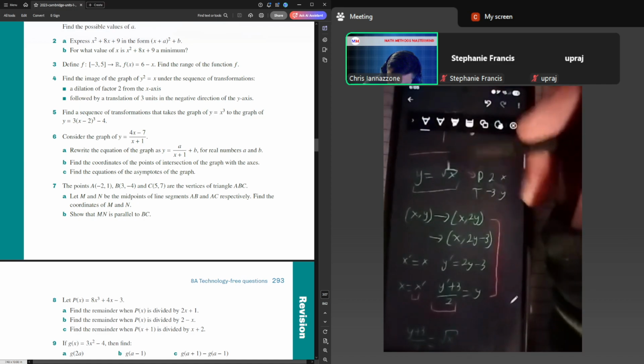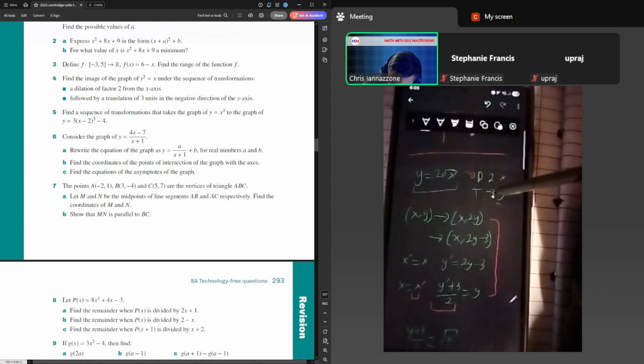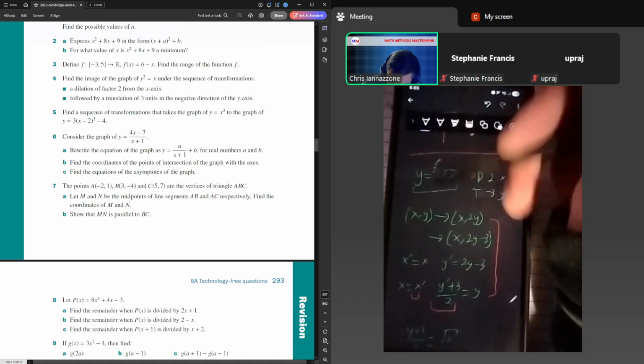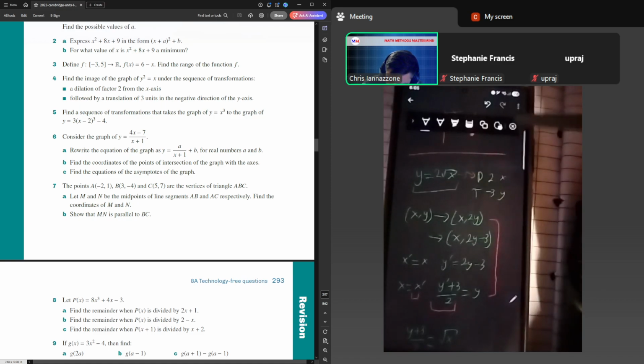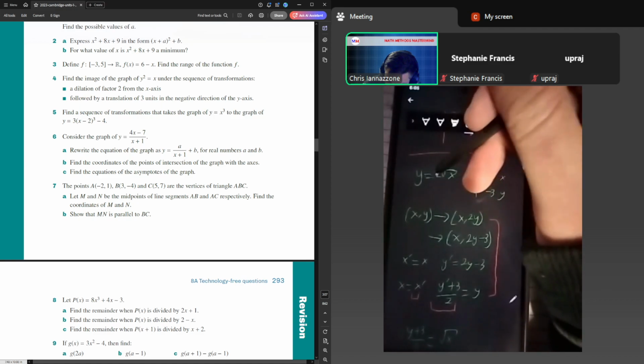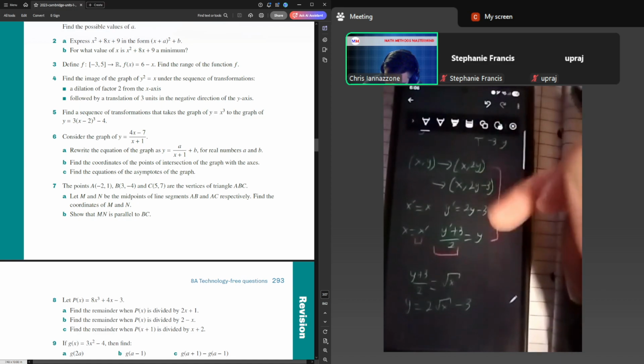So you start with your root x, dilate 2 from the x means you put it there. Then from there, translate of 3 down in the y. You have to then start from here and then do a translate. Now there's things to consider when it gets more complicated, but it's fine to do either way. Both work.